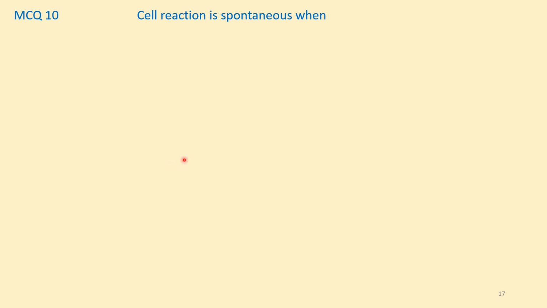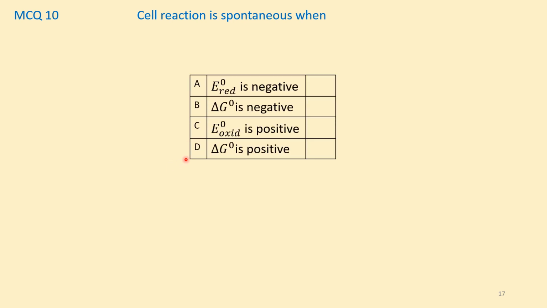The cell reaction is spontaneous when E naught of reduction is negative, delta G naught is negative, E naught of oxidation is positive, and delta G naught is positive. Please read the options once again.